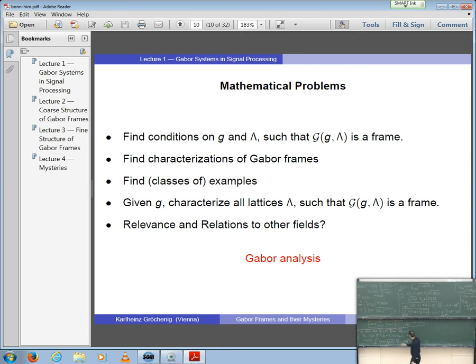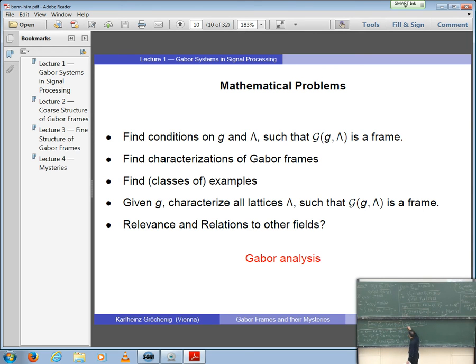Well, and here it is. The sum goes over the adjoint lattice. And now let me write this in terms of inner products. Well, we can leave this as it is. So V_g gamma at mu. And I write this as an inner product, that is the inner product of h with a time frequency shift pi mu of f, complex conjugate.